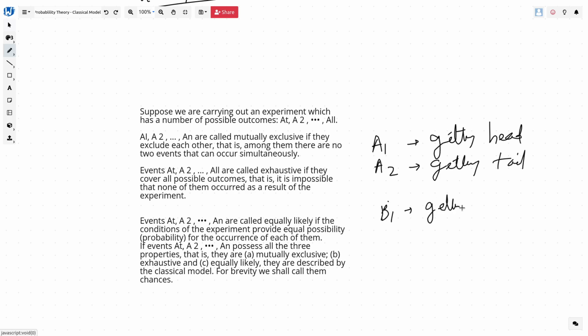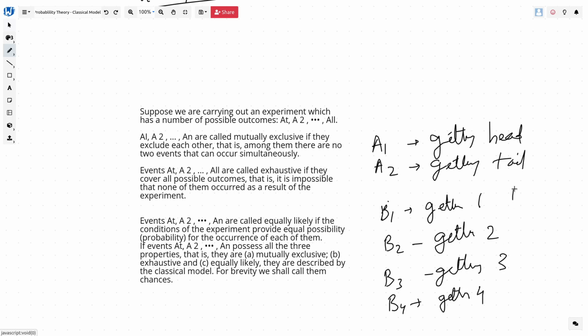B2 as getting 2, B3 as getting 3, similarly B4 as getting 4 on top, B5 as getting 5, and similarly getting 6, right?